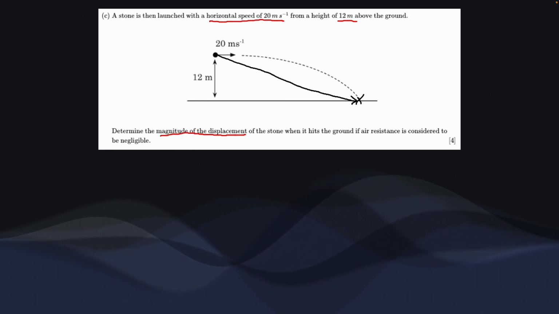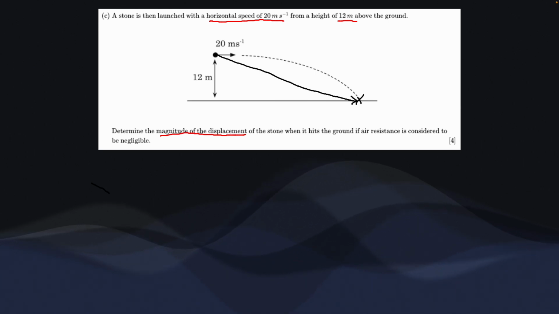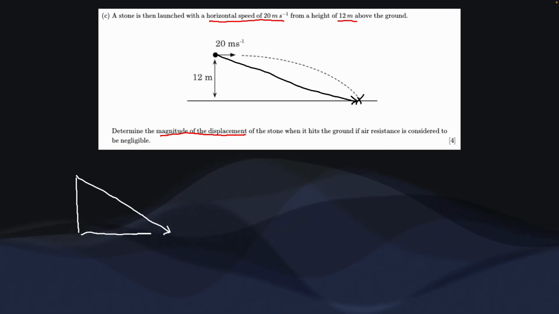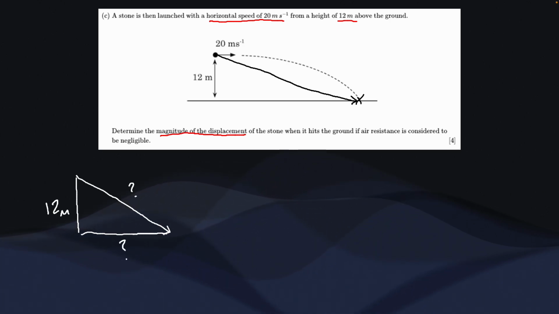Now, what we can do is let's just draw this out using trig instead. So we have this. This is what we're trying to find. We know that the initial height is 12 meters, and we don't know what this length is. So we know that this is 12 meters, and we don't know what this is. But what do we know? Well, it's launched at an initial horizontal speed of 20 meters per second.